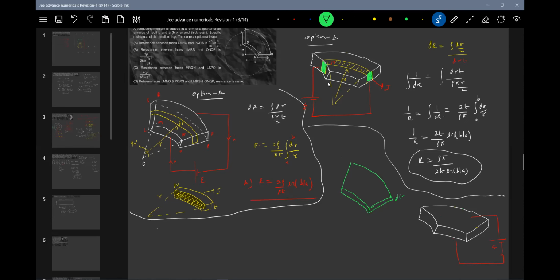Okay, and the area of the strip we know, and the current will be perpendicular to this plane.